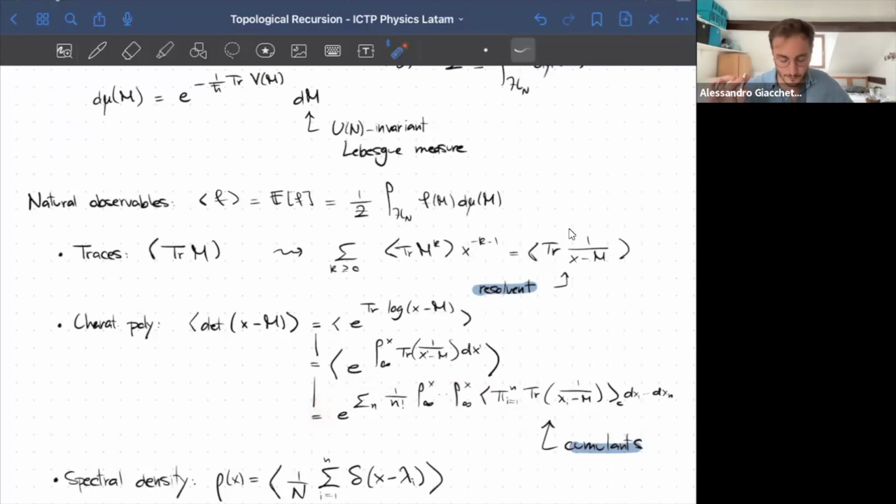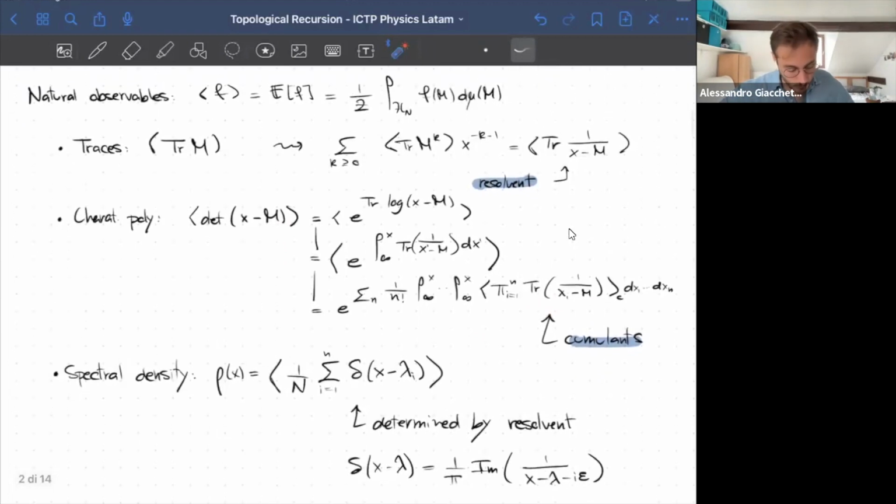You can just think of them as a different way of packaging expectation values of products. It's just more convenient from a computational point of view. But at the end of the day, it's just a different way of repackaging expectation values of products. And the upshot here is that if you want to compute the expectation value of the characteristic polynomial, this is the same as computing all the cumulants.